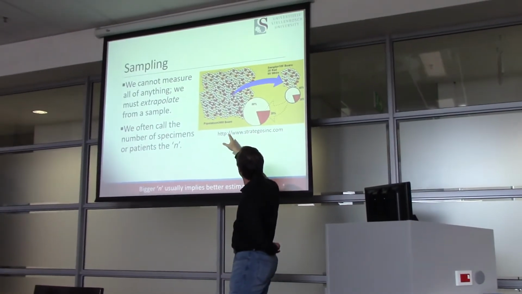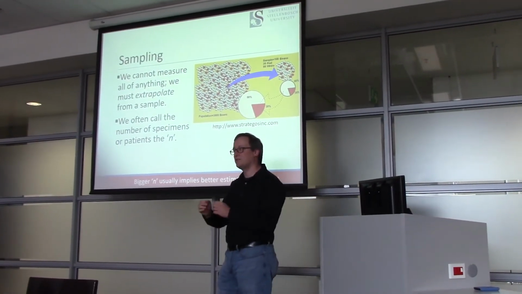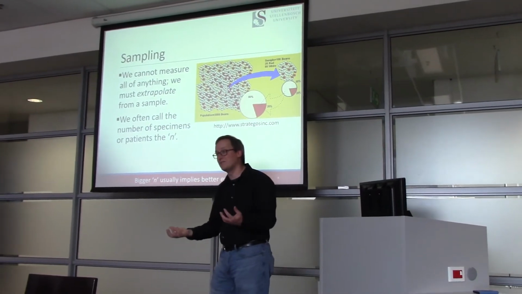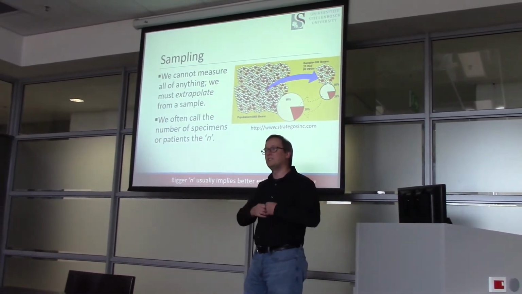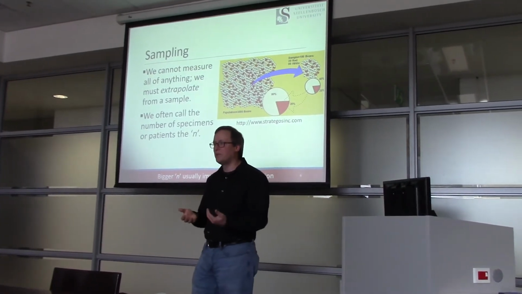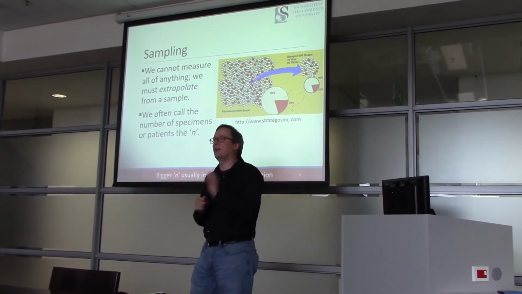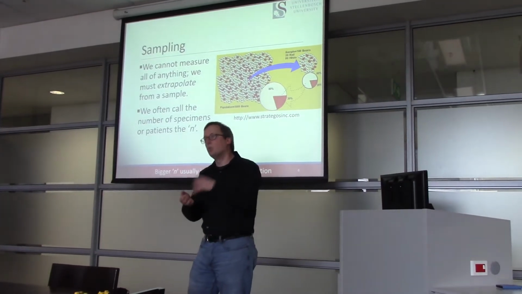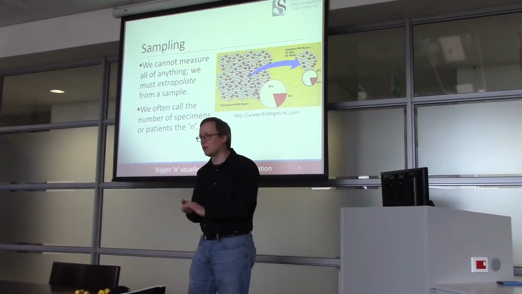I have some population of which I have some red beans and I have some white beans. But I want to make some estimate of what fraction of them are red, but I don't want to go through the awfulness of counting every bean in the world, right? I mean, that's just much too much work.